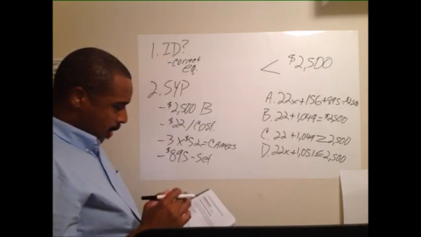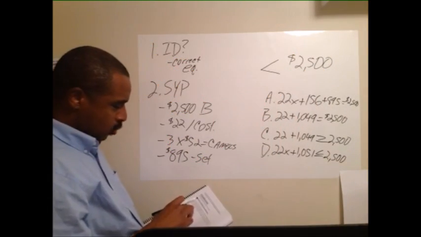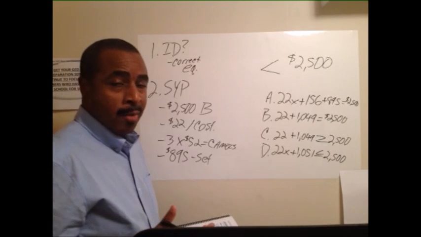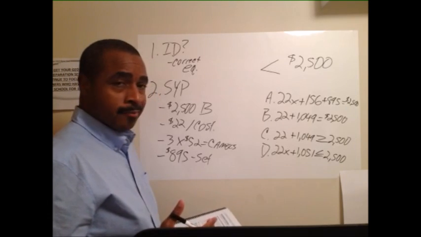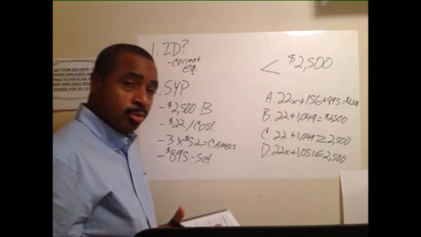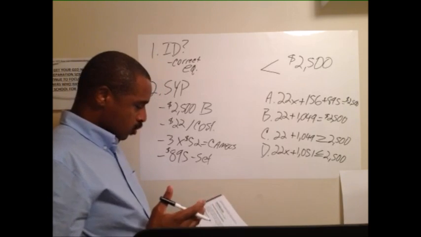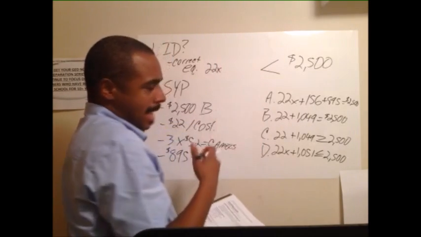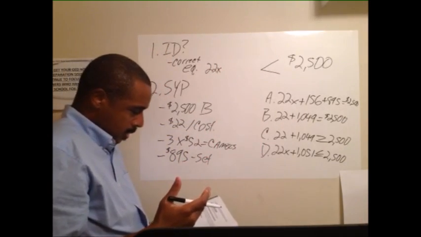Okay, now the other thing, we know that each costume was $22. Okay, but do we know how many people are in the Christmas play? We don't. So there could be one person in the play, there could be 100 people in the play. We don't know that. So we're just going to simply call that 22 times X, however many costumes were necessary.